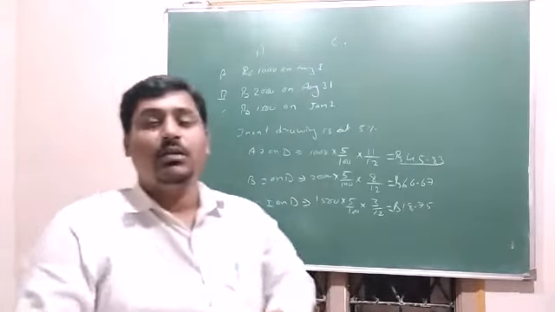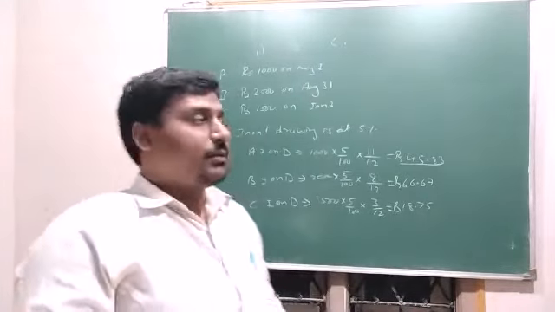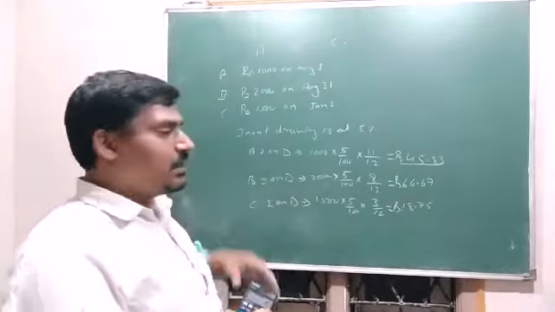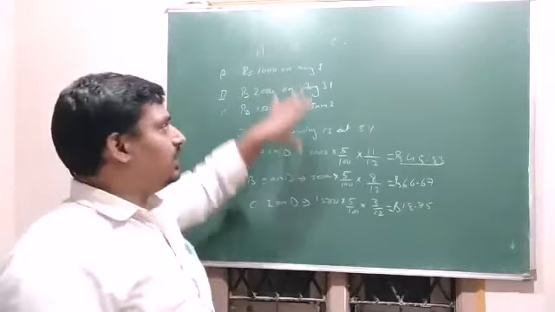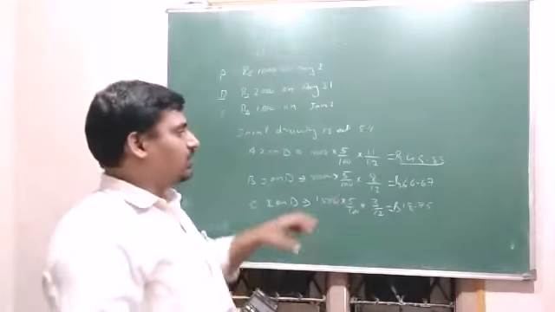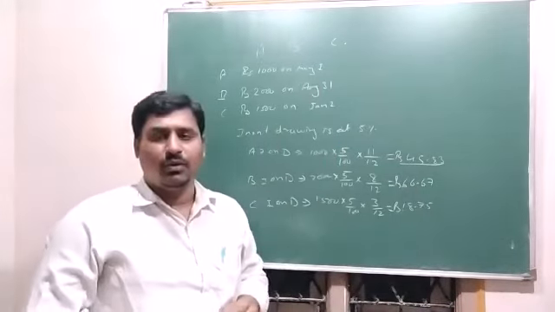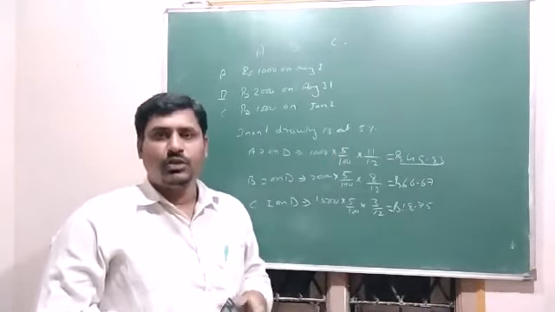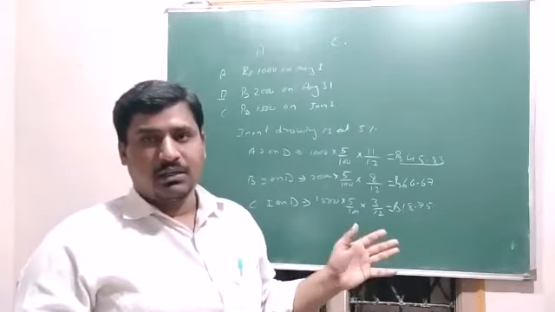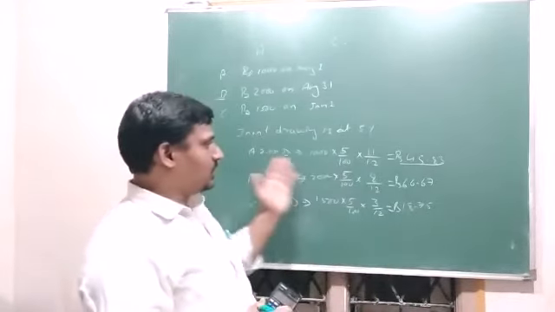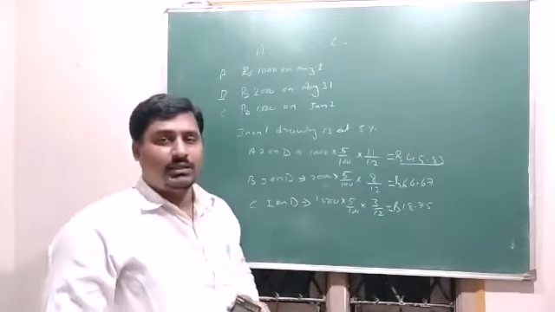So this is how we calculate interest on drawings. Suppose a single person has withdrawn different amounts on different dates, then we can add all these amounts. Here all three partners have withdrawn on different dates, so their interest on drawings are there here.